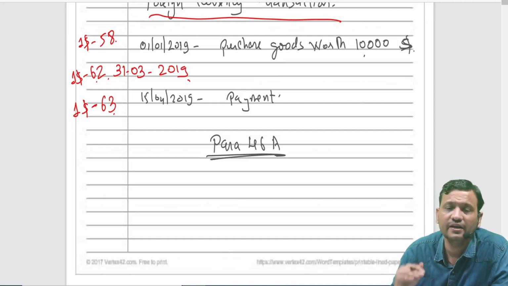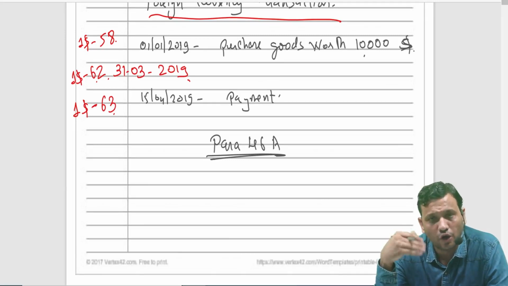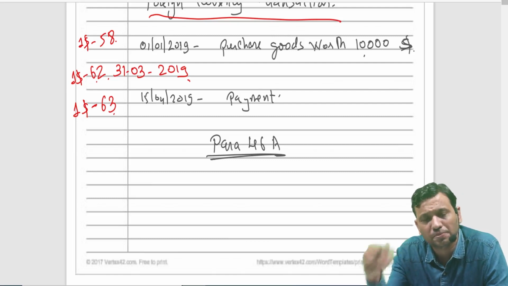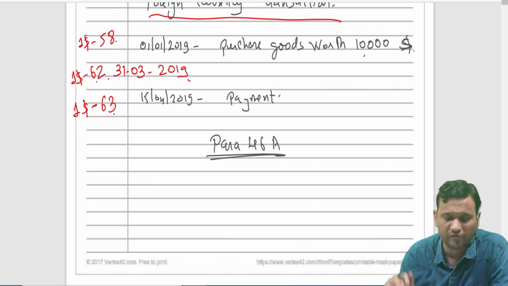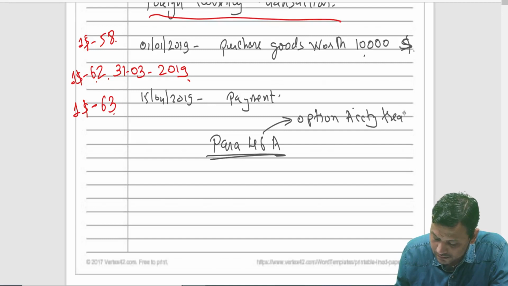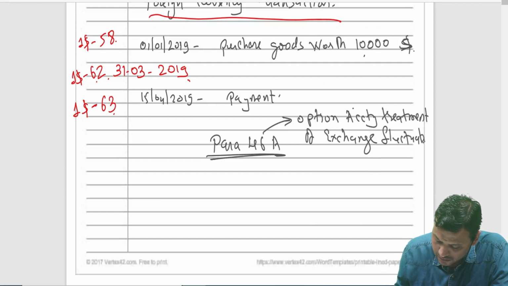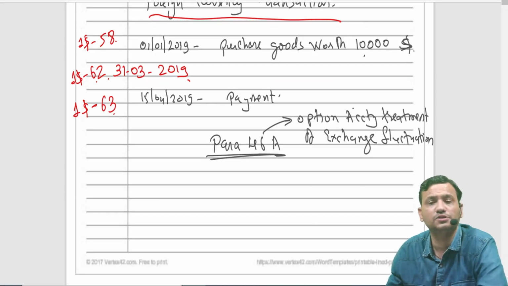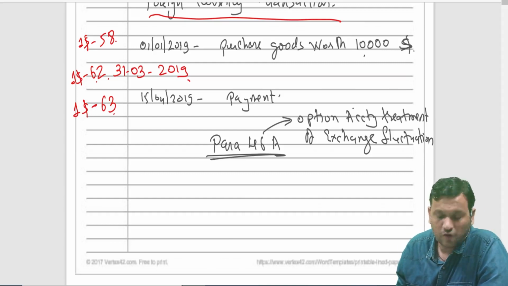If the entity has adopted this optional accounting treatment, then only this para 46A will apply. Nothing but optional accounting treatment for exchange fluctuation, that is para 46A.